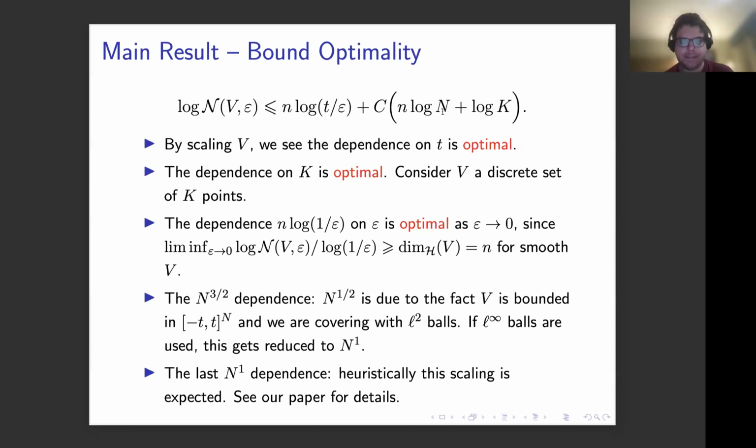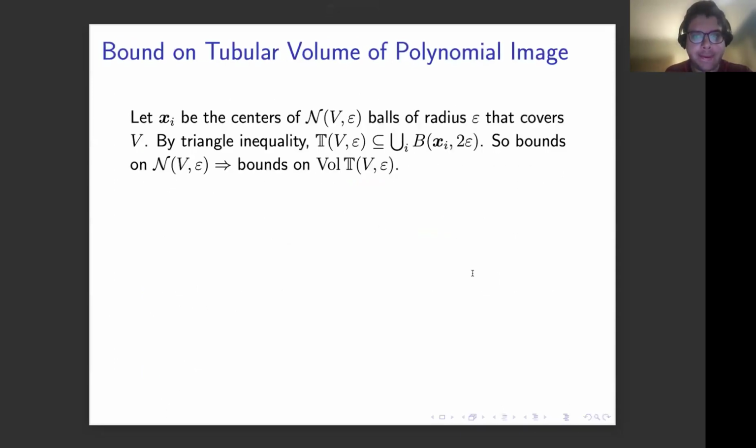But that may be one place for improvement, in the constant in front of log n here. But generally this is a tight bound, at least for regular sets.